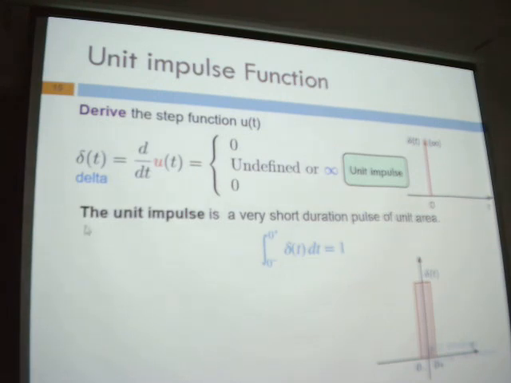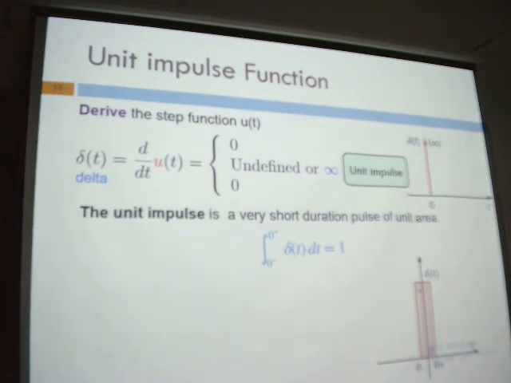And we also can see the property of this unit impulse. It is a very short duration pulse of unit area. If we take a short period around 0, here we take 0 minus, here we take 0 plus, and we get a small block here.